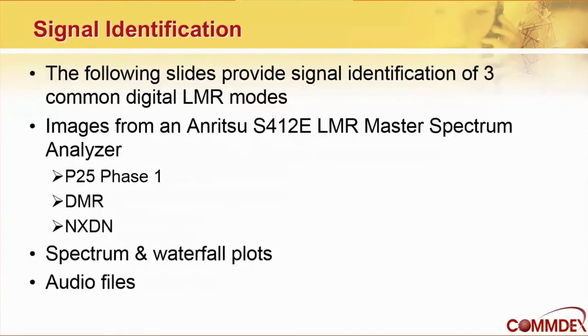So the next couple slides, which will wrap up this section, I'm going to provide some signal identification. We're going to look at what P25, DMR, and NXDN look like on the spectrum analyzer. Specifically, these images came from an Anritsu S412E LMR Master, which you may or may not be familiar with.